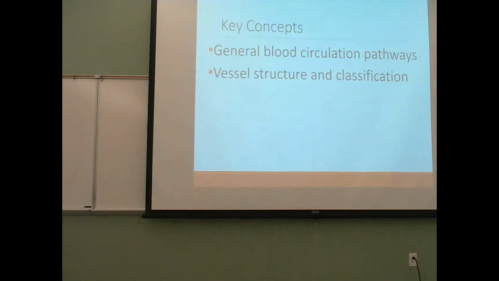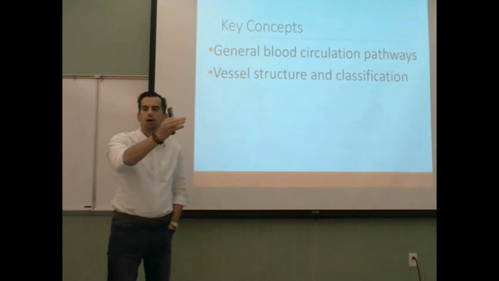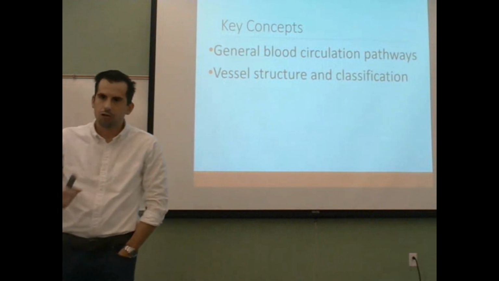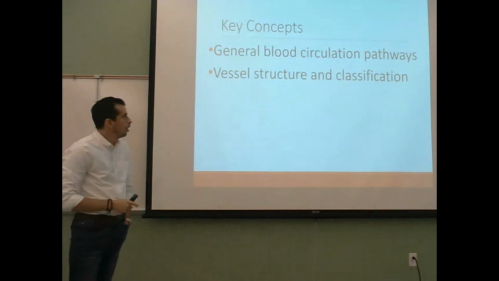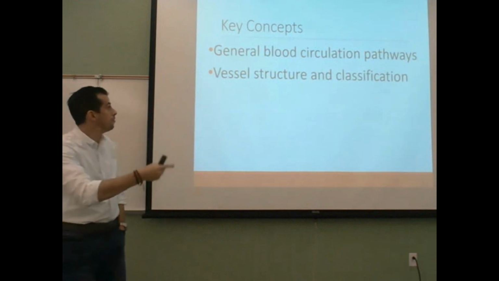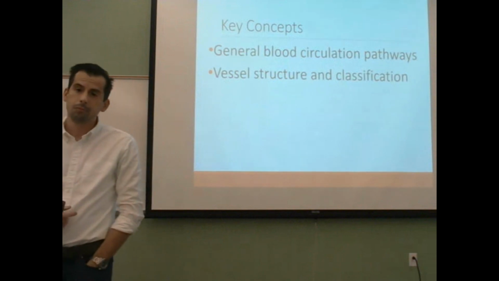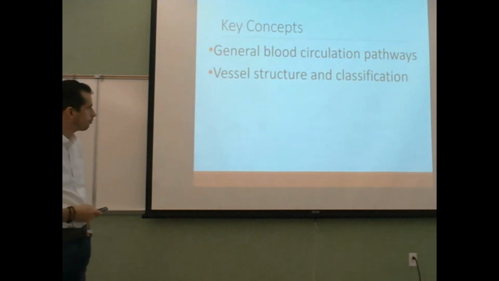So you should have an impression of the general blood circulatory pathway. Blood goes from the heart, arteries, capillaries, veins, back to the heart. Systemic versus pulmonary circuits. When we get the heart done, you'll even add blood flow through the heart onto that model, knowing what chambers it runs through as it stays on one side of the heart.